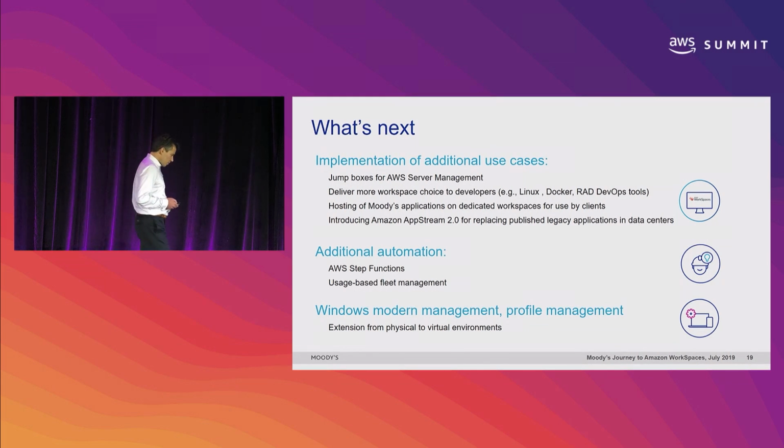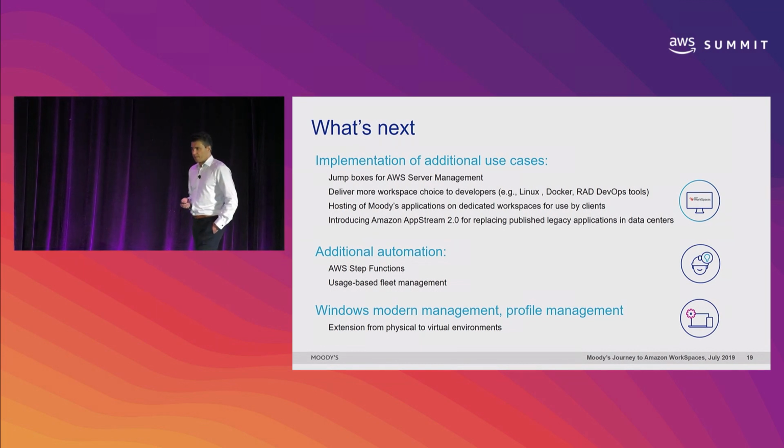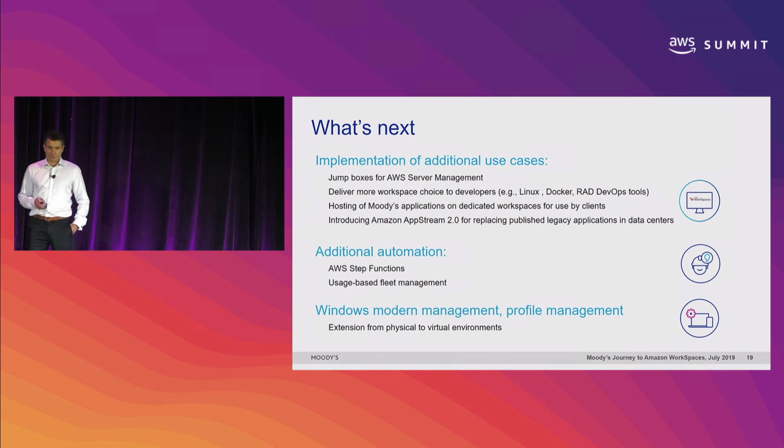We will also host Moody's applications for use by our customers on WorkSpaces. And we will start using Amazon AppStream for replacing some of our published legacy applications in our data centers.